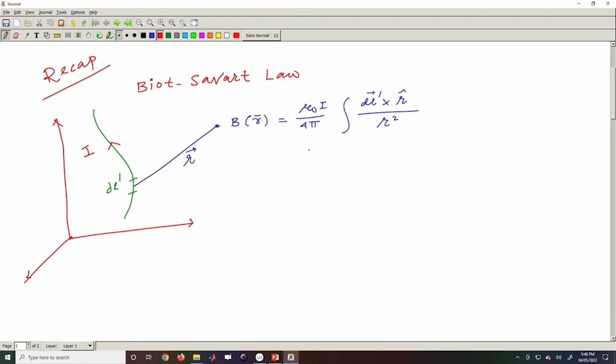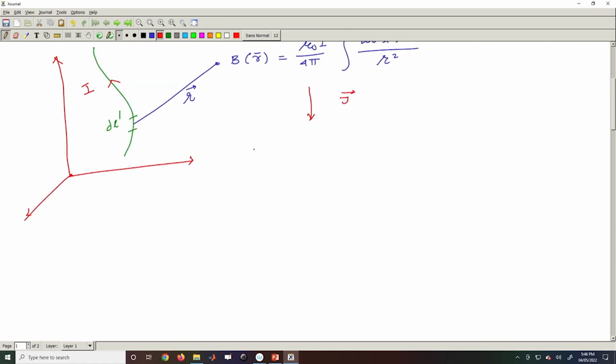In terms of the current density J also, one can find this expression.